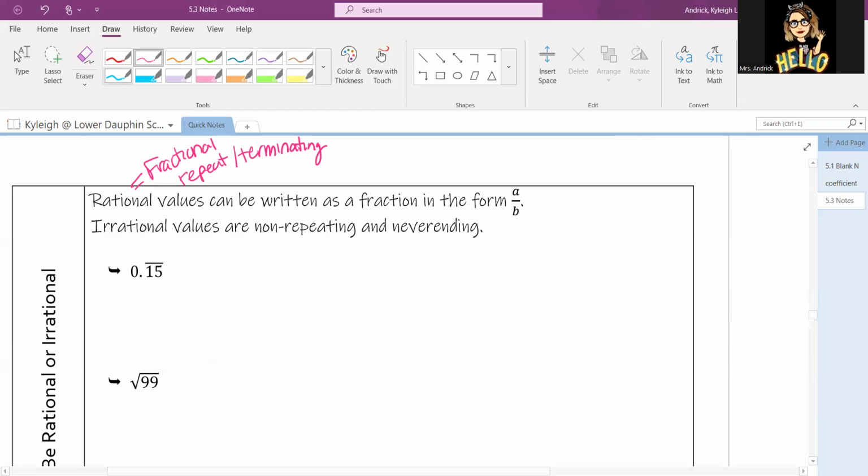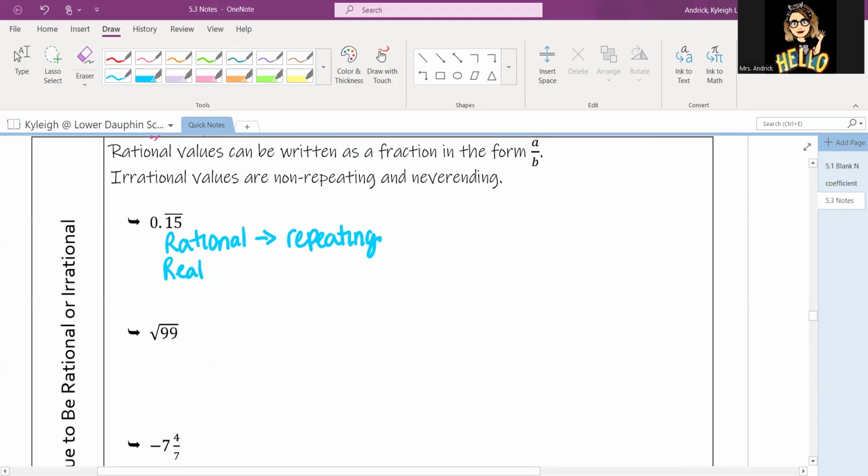That bar means it's repeating. So this is rational because it's repeating. And it's also real because all numbers are real. So we're going to list out all the things. It's rational and real.